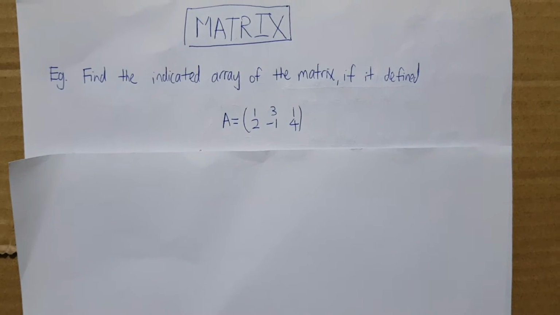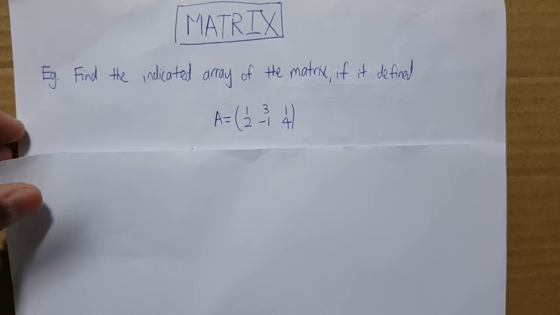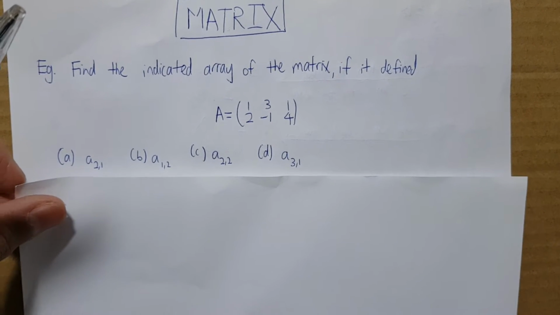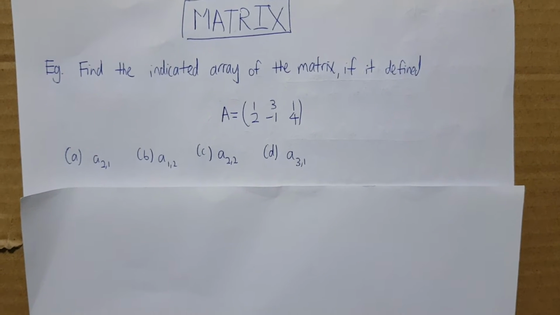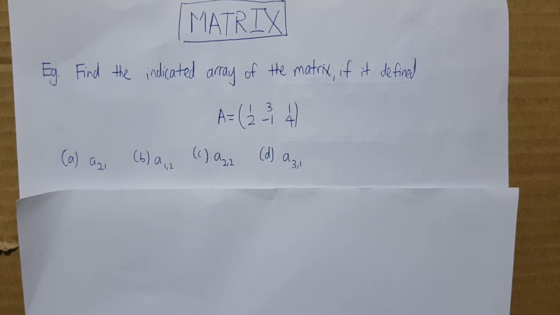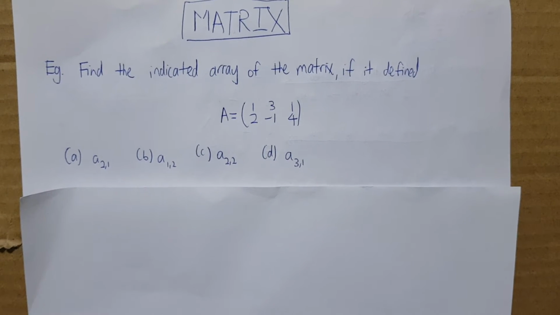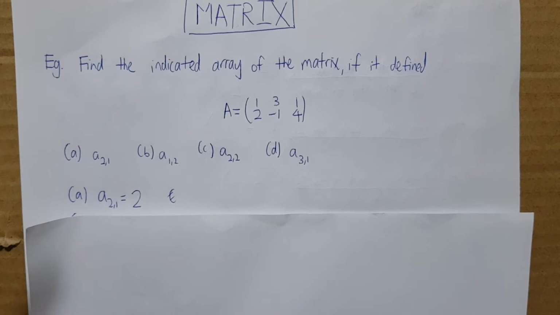Now let's find the indicated entry of the matrix if it is defined. This will be our first question. The first one is the entry of the matrix in the second row and first column. Hence, it is 2. Why?